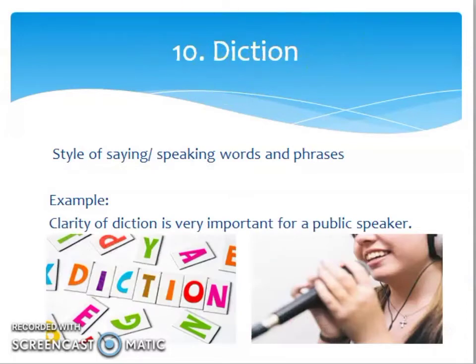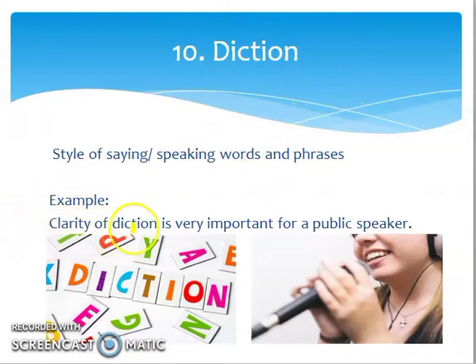Next, diction. As we have the root word dict, it could be related to saying something or speaking something. Style of saying, speaking, words and phrases. The way someone speaks forms his or her diction, right?